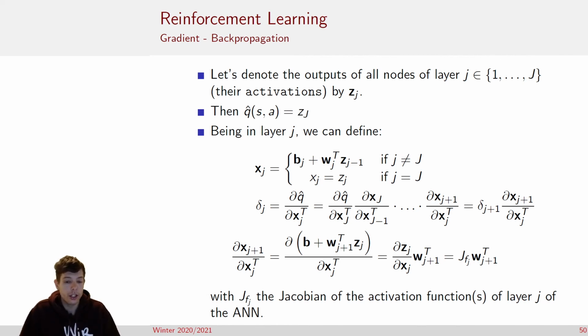If we are in any of the layers, we can define our x, and we might really call that the features, because it's just linear in our previous output. So we might call that just for now features. It is defined as the biases plus the weights times the output of the previous layer.